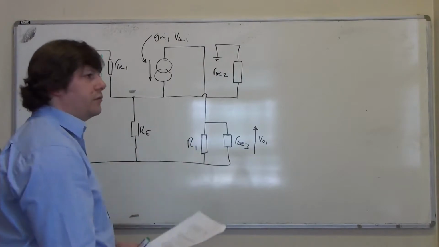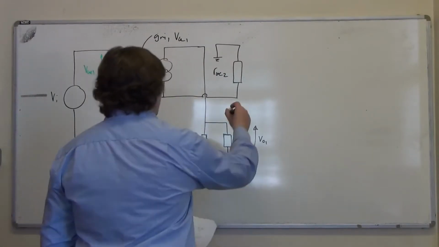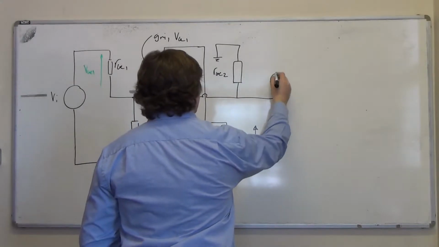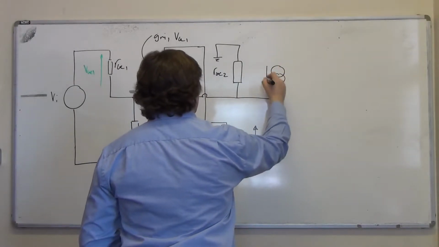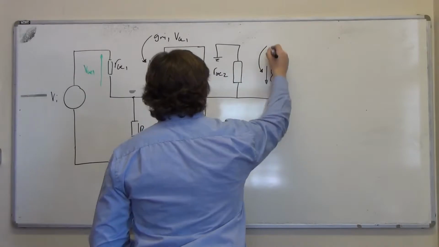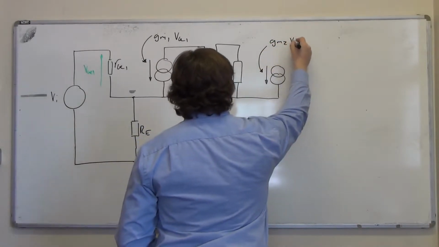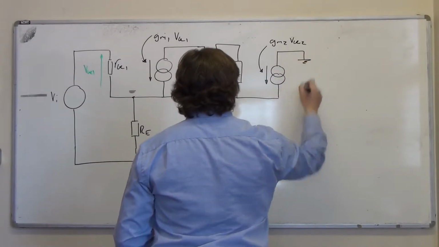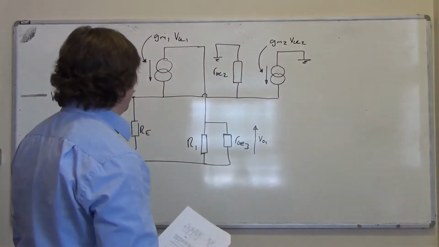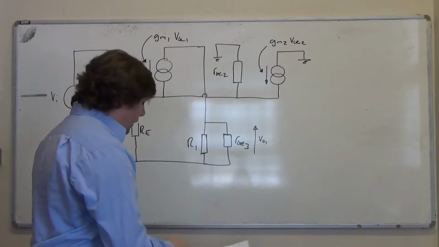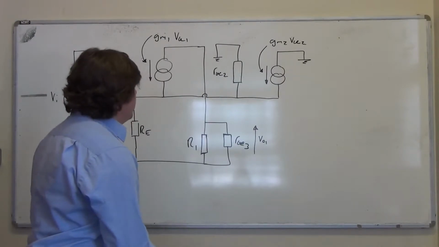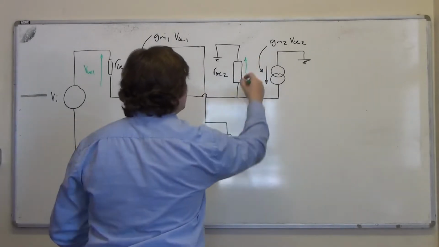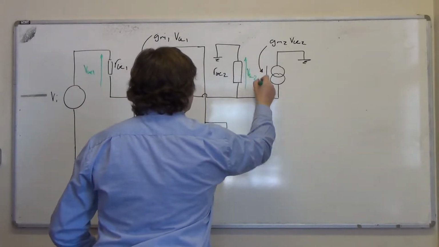The other side of the differential pair we're grounding. And this too has GM2 VBE2, and its collector goes straight to ground as well. And VBE2 is just that.